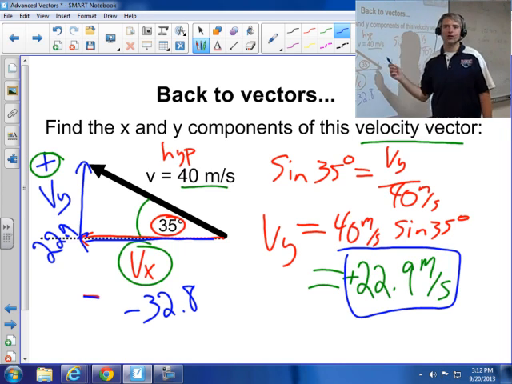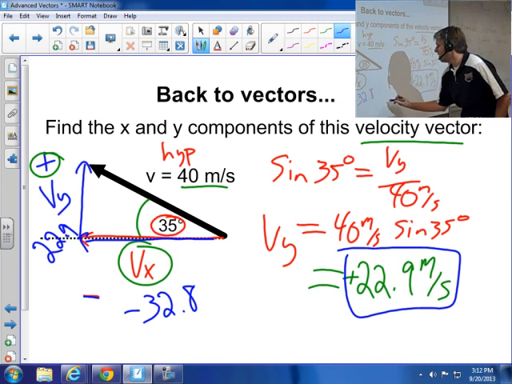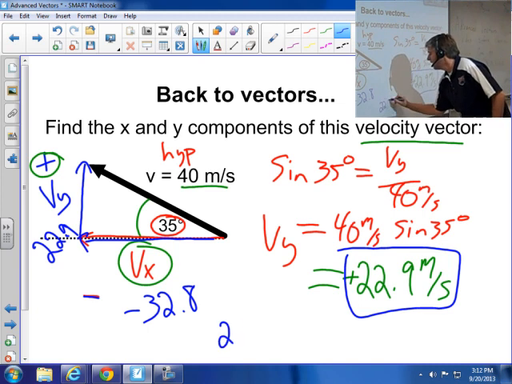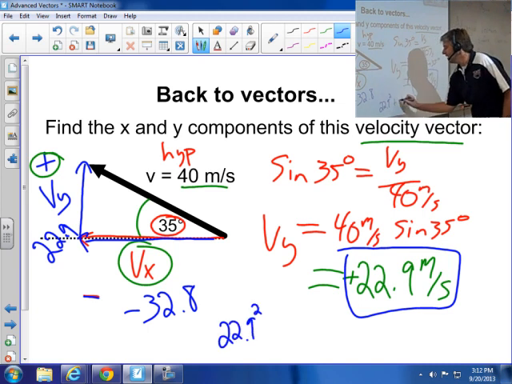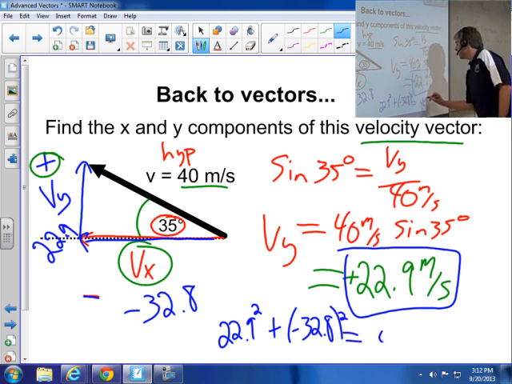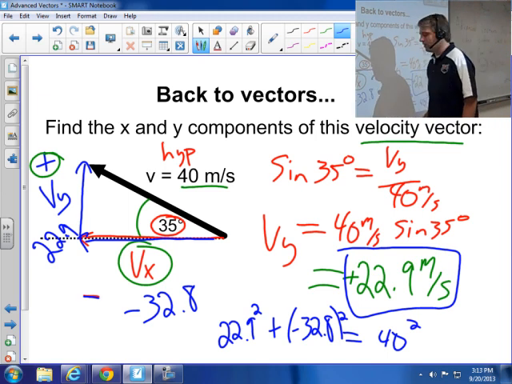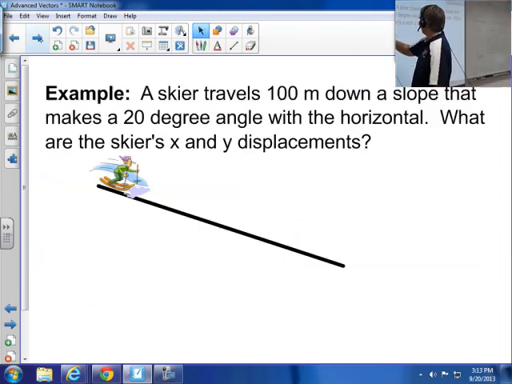Exactly what you would expect, since this looks like a right triangle. The other thing that I want you to note is, if I took my 22.9 and squared it and added it to negative 32.8 squared, using the Pythagorean theorem, I ought to get 40 squared. I'm not going to take the time to do that, but you can feel free to do that yourself if you'd like. All right, let's move ahead.